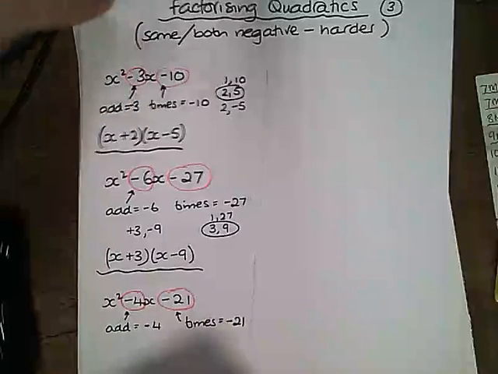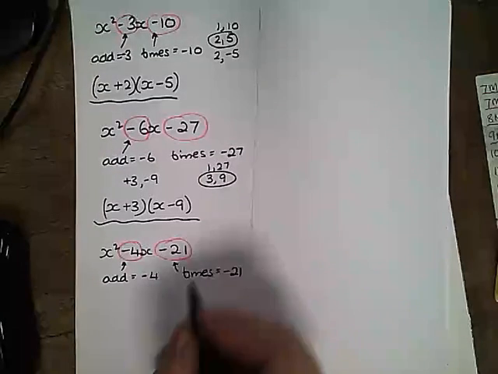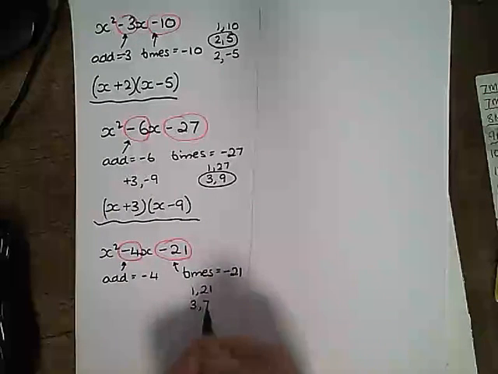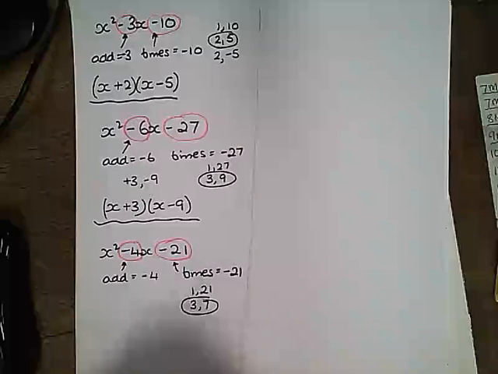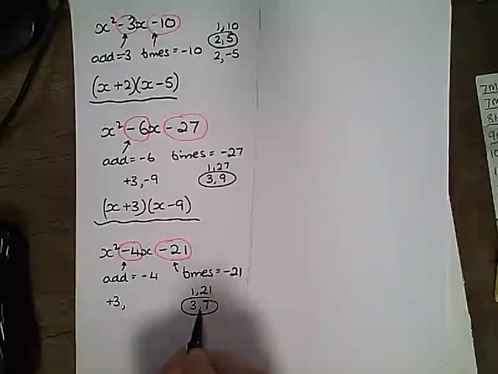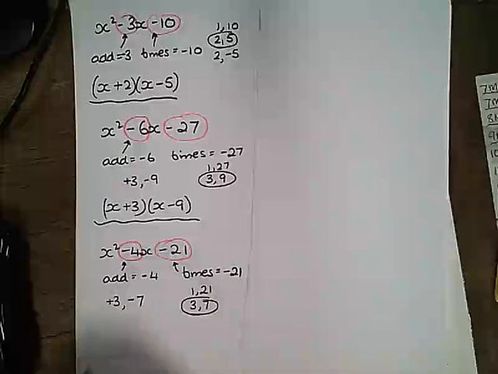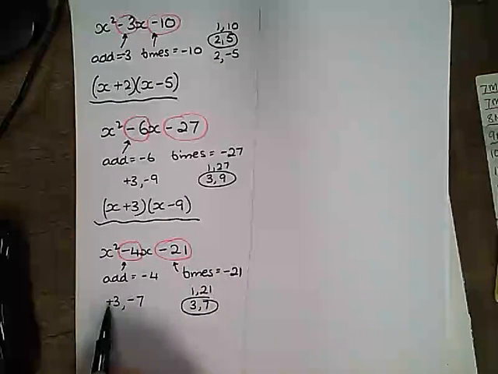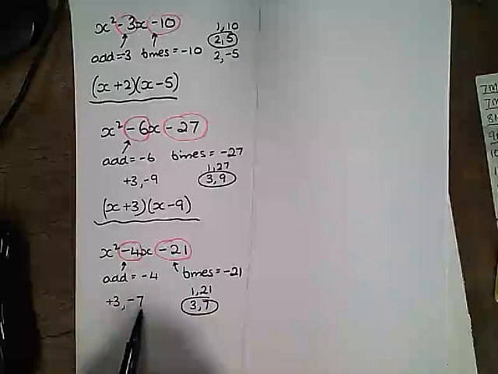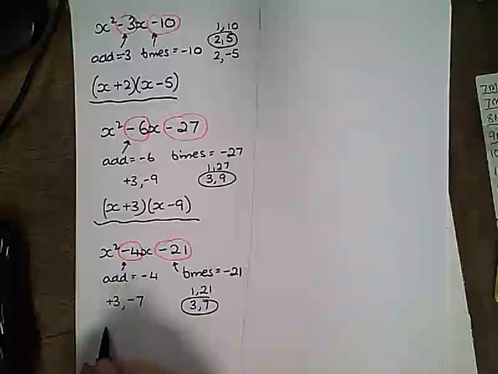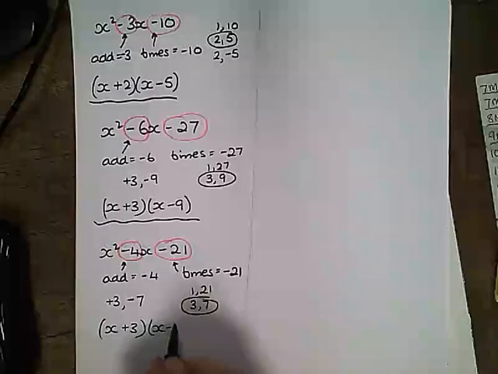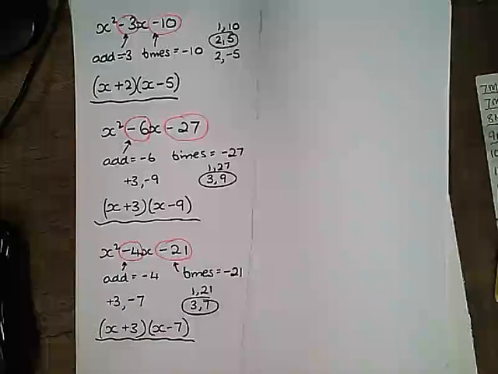And the factor pairs for 21 are 1 and 21 and 3 and 7. I'm going to choose this pair. If I make the 3 positive and the 7 negative, when I add those two together, 3 add minus 7 is minus 4, and 3 times minus 7 is minus 21. So my factorisation becomes x plus 3, x minus 7.